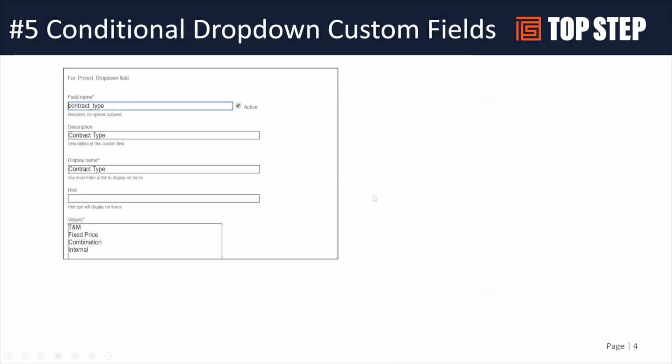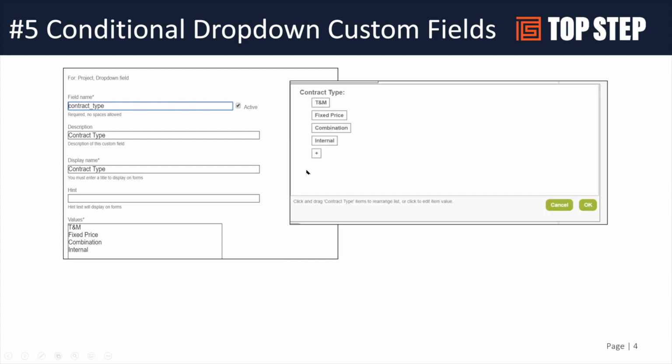What will you see? So this looks like a drop-down field, like any other drop-down field in any account. However, when this feature is turned on, when you go to add values, you're not editing the values inside of the values text box.